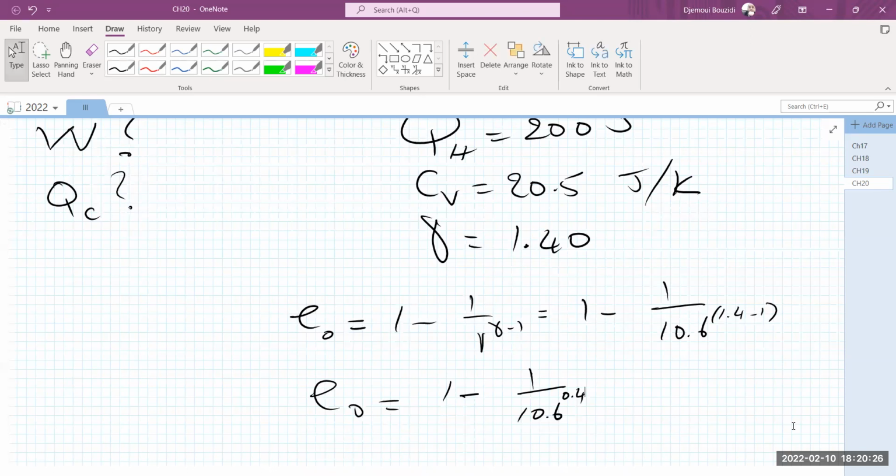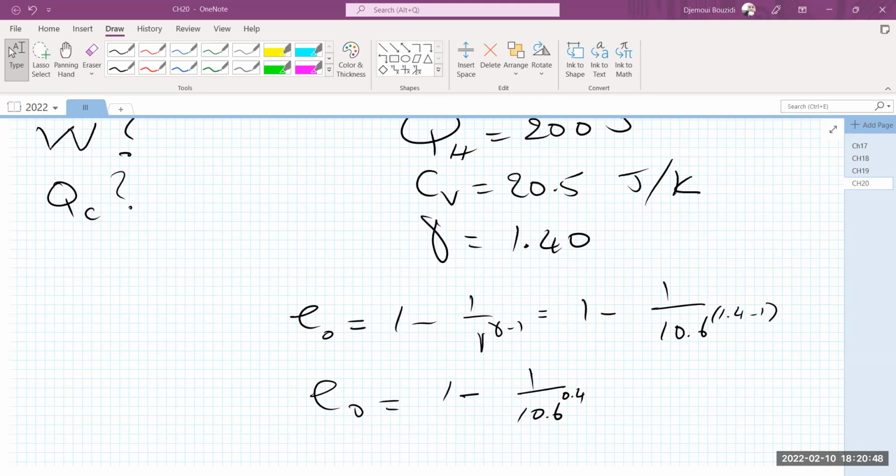Since I have Mathematica open, I'm going to take advantage of it quickly. I'm just doing the math in here, okay?